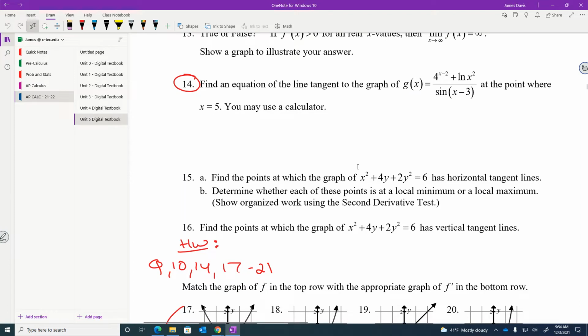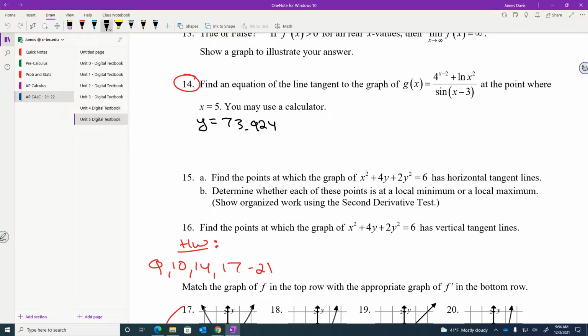You would plug that whole thing in, sine of... and then there are two things you need to do. If you're going to do a tangent line, we've got our x, we need a y. To find the y, you just use the table and plug in 5. 73.924 would be your y coordinate.